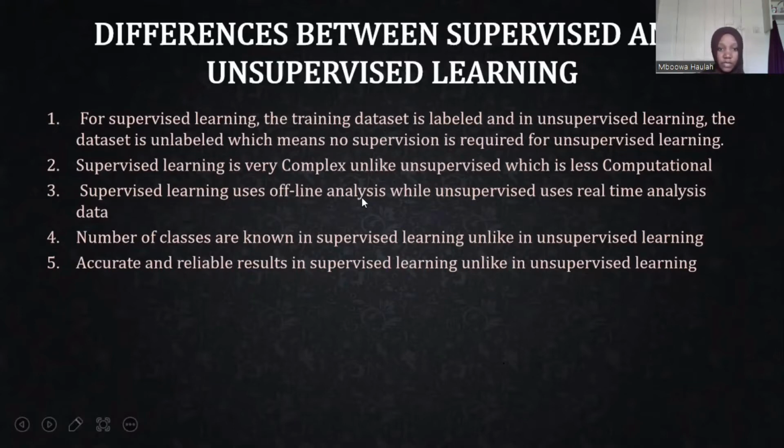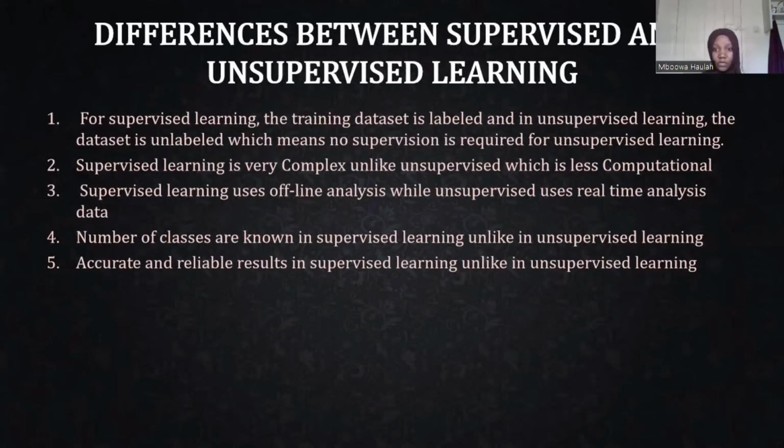We also have this difference. Supervised learning uses offline analysis, while unsupervised learning uses real time. What we mean by real time systems, we all know we've been exposed to different things, for example in hospitals, instruments that need real time data, because here we're dealing with people's lives.